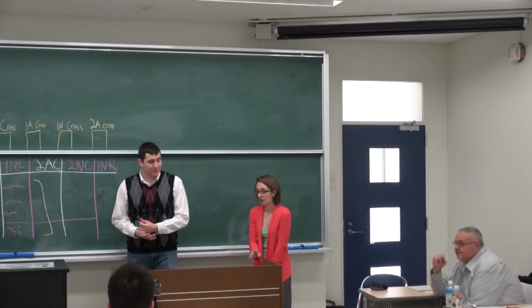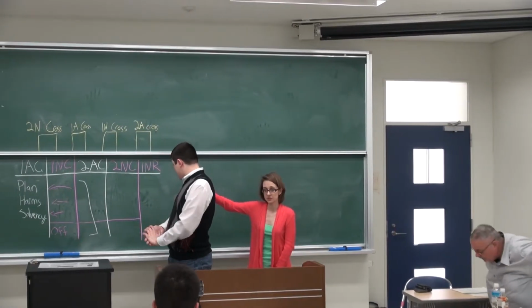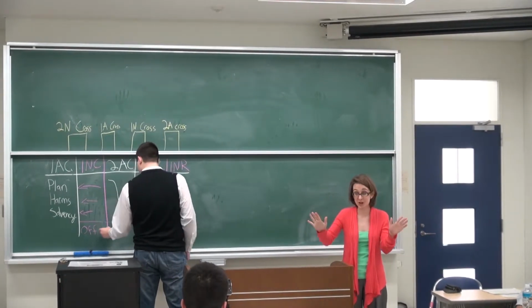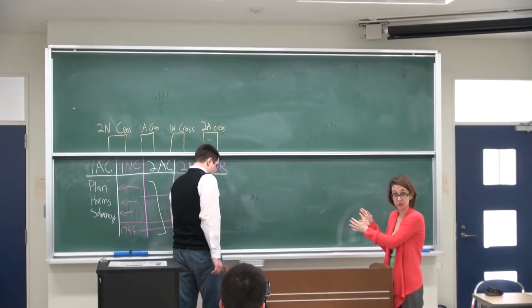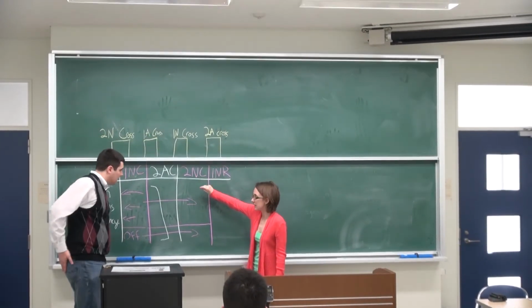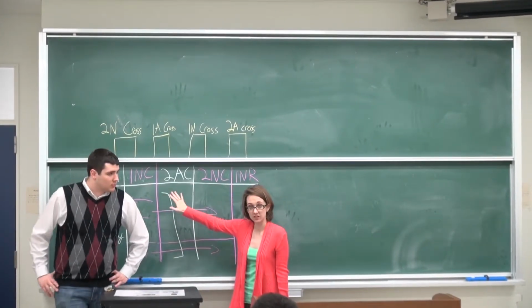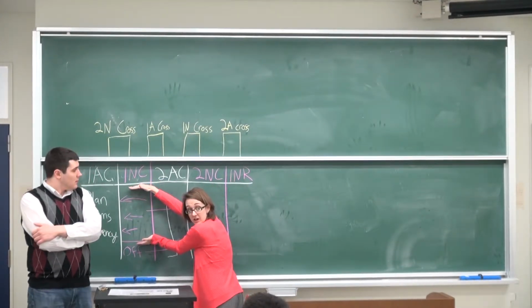Right. Also, real quick, if you split up like Jake and Dr. Z are telling you to, it makes your job as the negative, whichever speaker you are, easier. Because no longer, as the second negative, do you have to talk about absolutely everything. You get to choose: I only have to talk about this chunk.